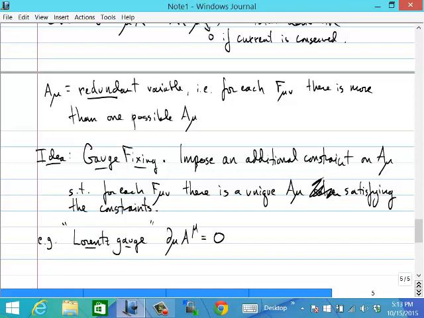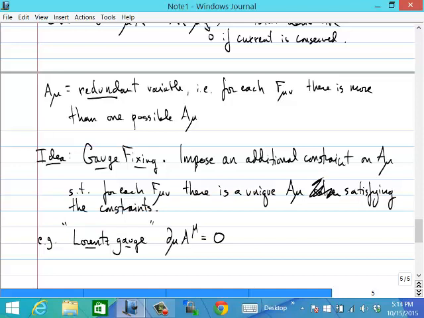So you might ask yourself whether it's always true that you can set d mu A mu equal to 0. And in fact, it's fairly easy to convince yourself that you can. Why? Well, let's imagine that d mu A mu was not equal to 0. Then you could do a gauge transformation, which would shift d mu A mu to d mu A mu plus d squared lambda.